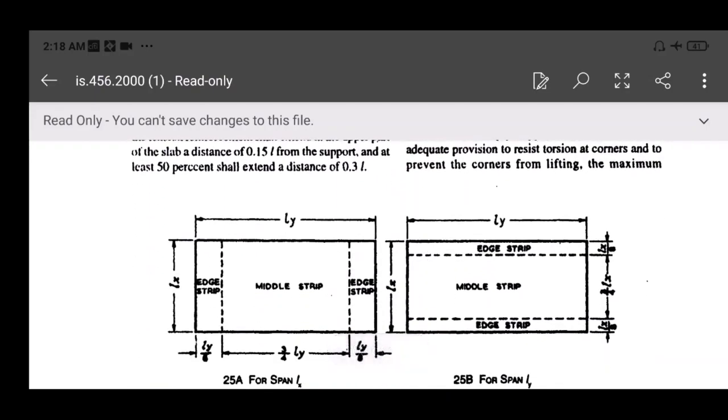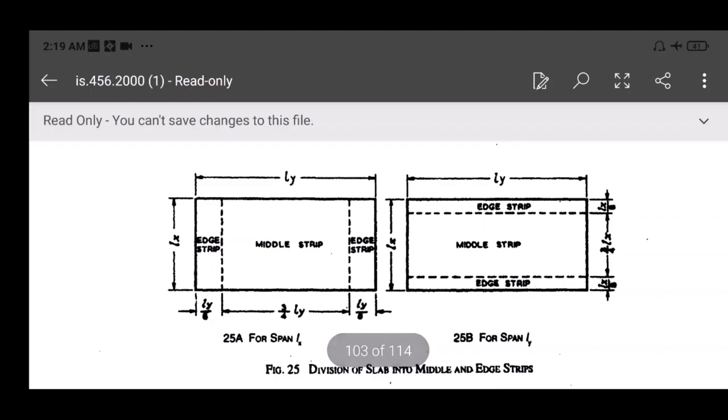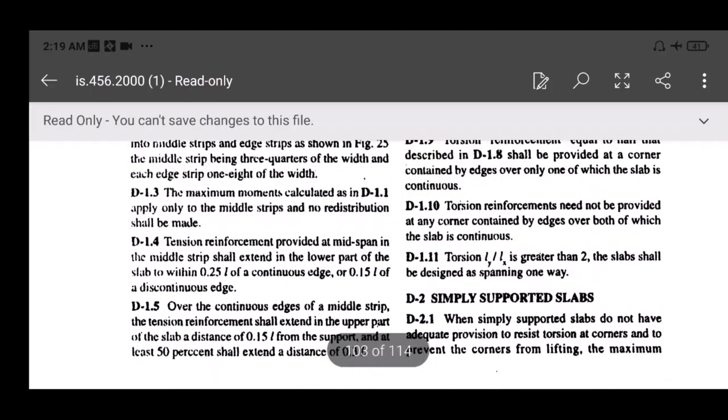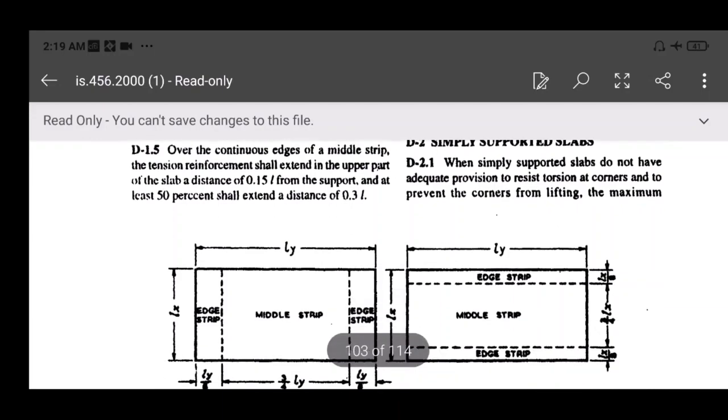So for reinforcement arrangement, in the middle portion, middle strip reinforcement is given, and in the edge portion, edge strip reinforcement is given. As per the clause, the middle strip is 3/4 of the width, and each edge strip is 1/8 of the width.